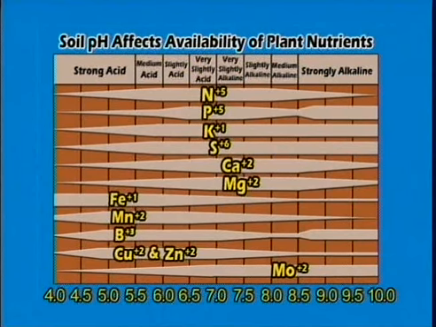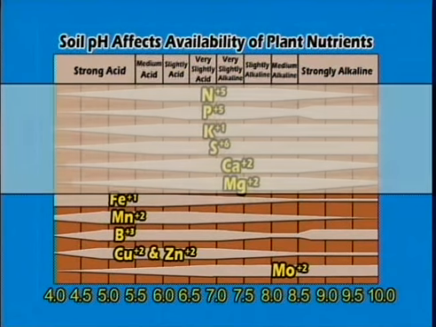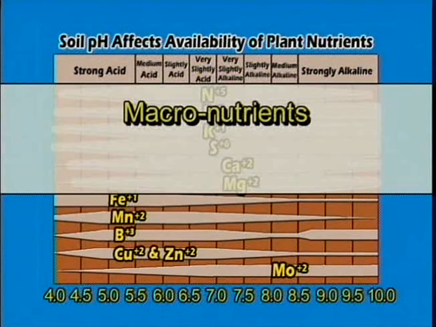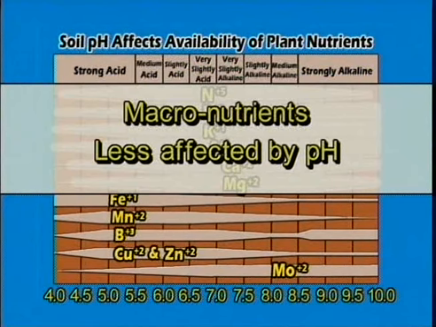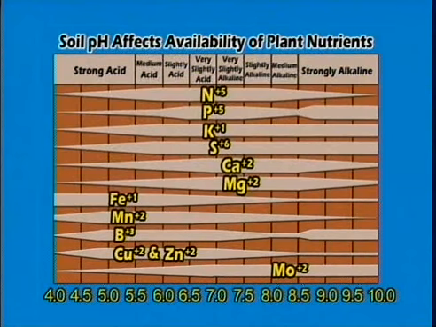Other than that, also some generalities in that the macronutrients are less severely affected by pHs than are some of the micronutrients. And of course, a deficiency due to a lack of solubility of any one of these, since they are all required plant nutrients, can have just as dramatic an effect, even if that nutrient is a micro used in small quantities versus a macro that's used in a larger quantity.